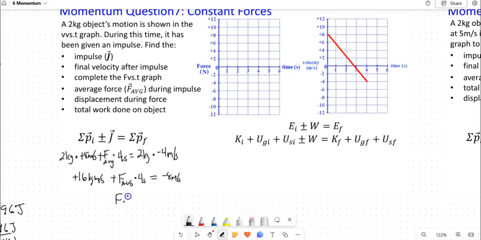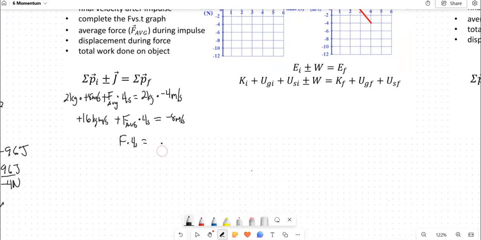So we're going to subtract that 16 on the other side, and I should have wrote kilogram meter per second here. So when we do that, you're going to get negative 8 kilogram meters per second minus 16 kilogram meter per second. So that is going to be, what is that?